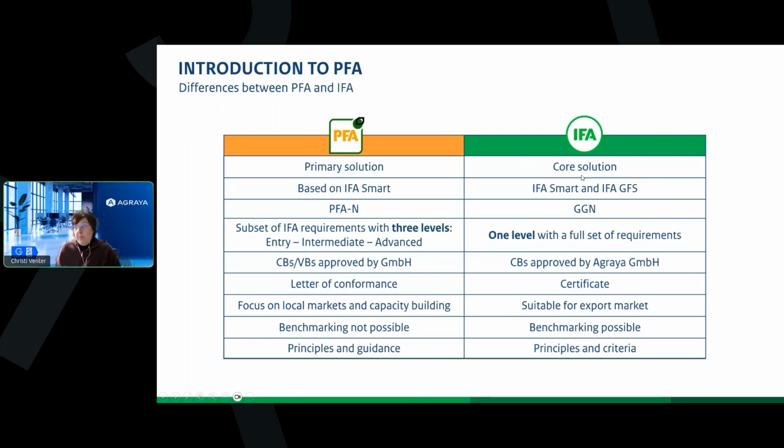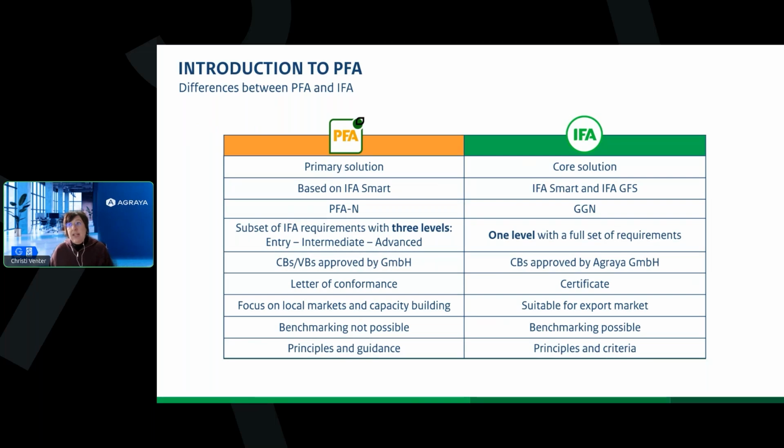We call it a primary solution, and IFA is a core solution. We base PFA on SMART, IFA SMART, while IFA is more, we have the two editions, the SMART and the GFS. With this program, every producer does receive a number for traceability purposes, and that is registered in our system.